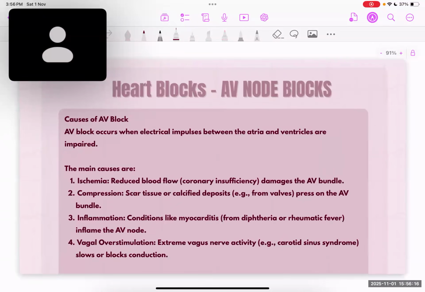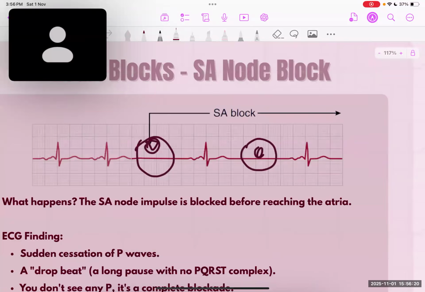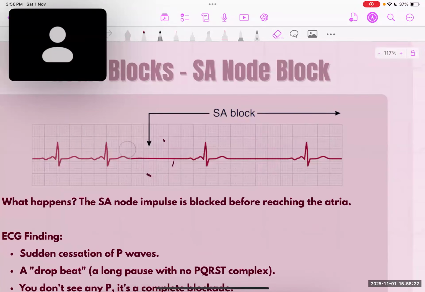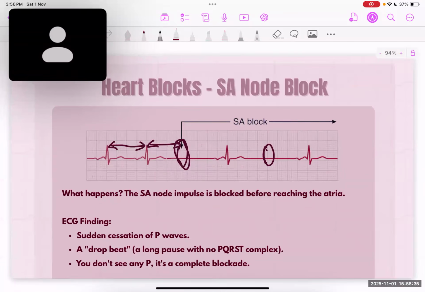Now, we have heart blocks that are AV node blocks. The first one, where exactly do we look in the graph? Can you see that after this gap, there was supposed to be something here, but there is nothing. That means there's a dropped beat. Even here, there's supposed to be something, but there's nothing. Here, we can still see a bit of a P wave.